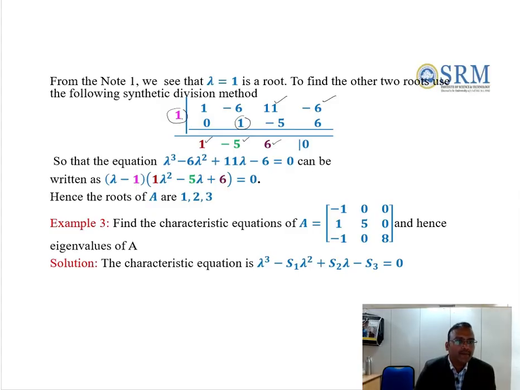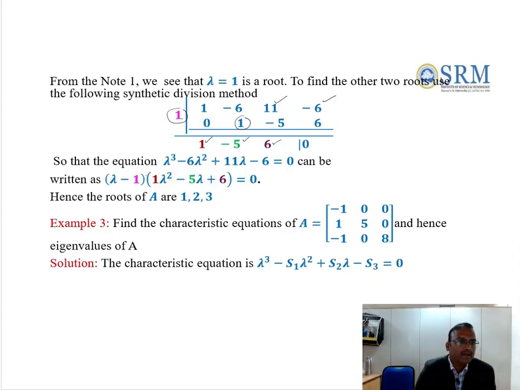Therefore the cubic polynomial lambda cube minus 6 lambda square plus 11 lambda minus 6 equal to 0 can be written in the form lambda minus 1 into lambda square minus 5 lambda plus 6 equal to 0.